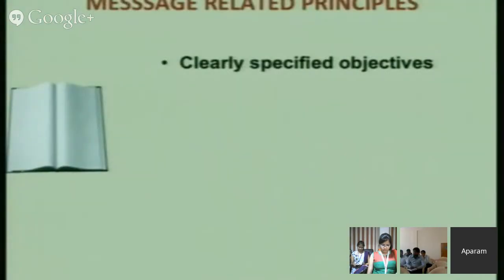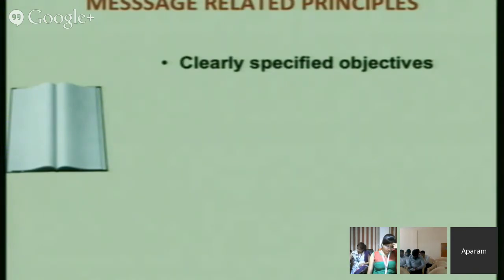Now go to the another one, message related. The message. You have certain objectives to be achieved. So be clear. Is it I want my students to understand the concept? I want my students to apply the principles?